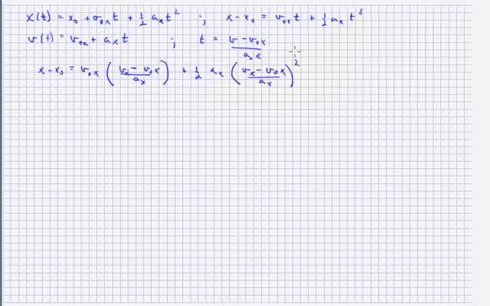So we have a t squared here corresponding to this squared, and this substitution is just a linear term.